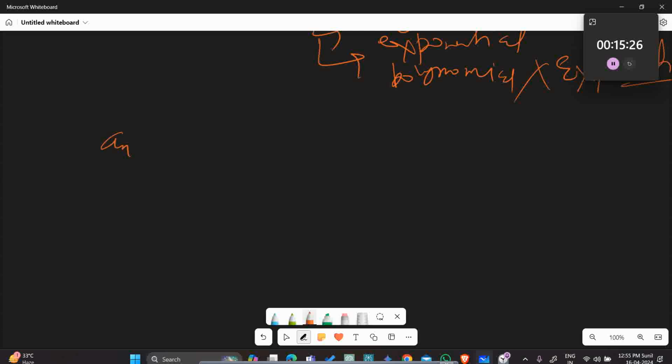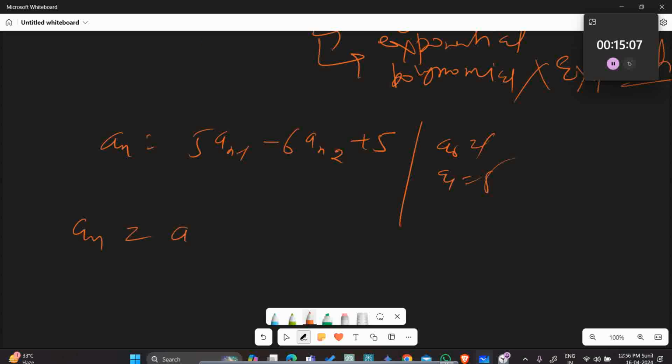Let's say a of n is equal to 5 a of n minus 1 minus 6 a of n minus 2 plus 5, a0 is equal to 1, a1 is equal to 5. Like this. So a of n is equal to a of n h plus a of n p. This is the homogeneous part, and this is the particular part.